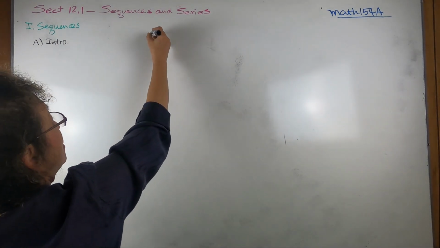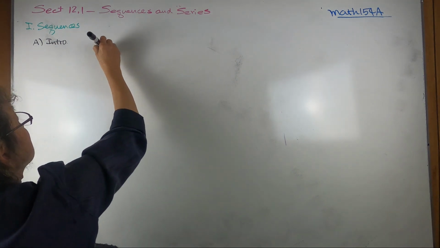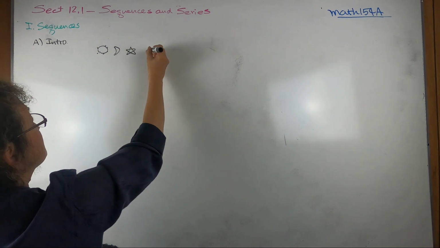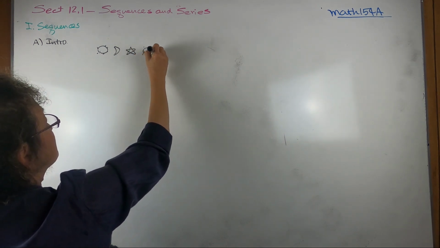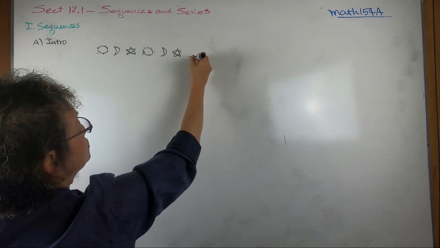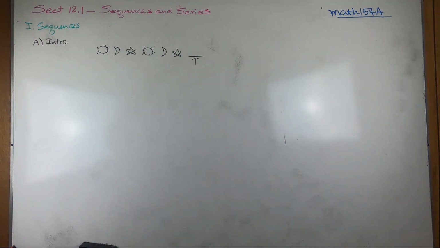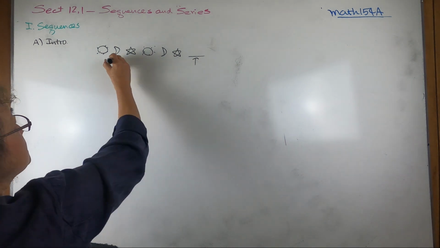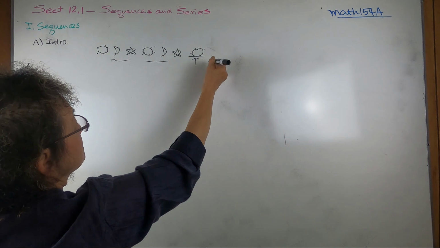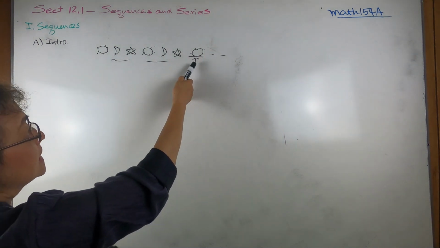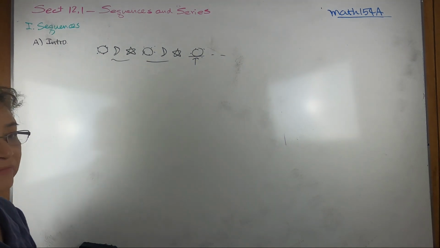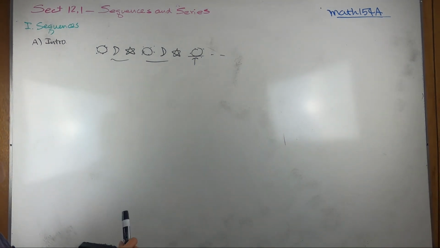If you see this one, moon, sun, moon, star, and sun, moon, and star, then what do you expect to see next? Then you will see these patterns, right? So you will kind of expect to see things like that if it follows the pattern.